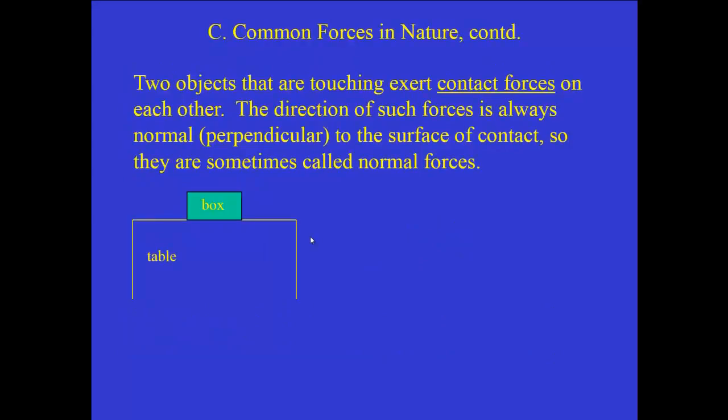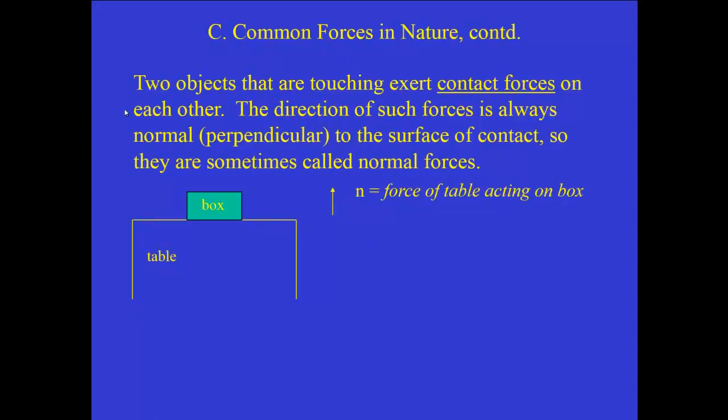Another situation that commonly arises is when one object is resting on top of another object, or simply two objects that are in contact with one another. So the direction of a contact force is always perpendicular to the surface of contact. For this box sitting on the table, the surface of contact is a horizontal surface in my picture, and therefore there are contact forces that are perpendicular to that surface.